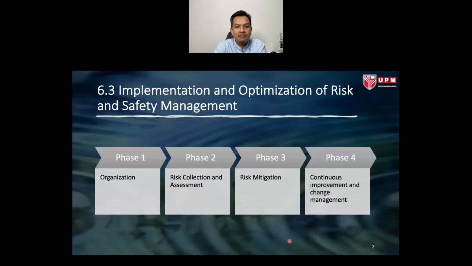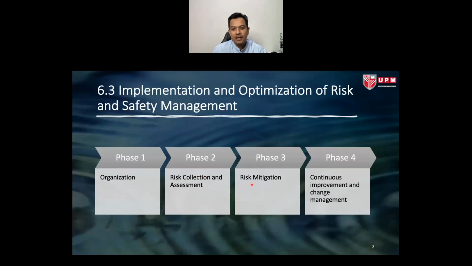Okay, in terms of the risk management, this is part 3 where we are going to look into the implementation and optimization of risk and safety management. Basically, there are 4 phases of implementation. Phase 1, we will look into organization of implementation and optimization of risk and safety management. Phase 2, risk collection and assessment.